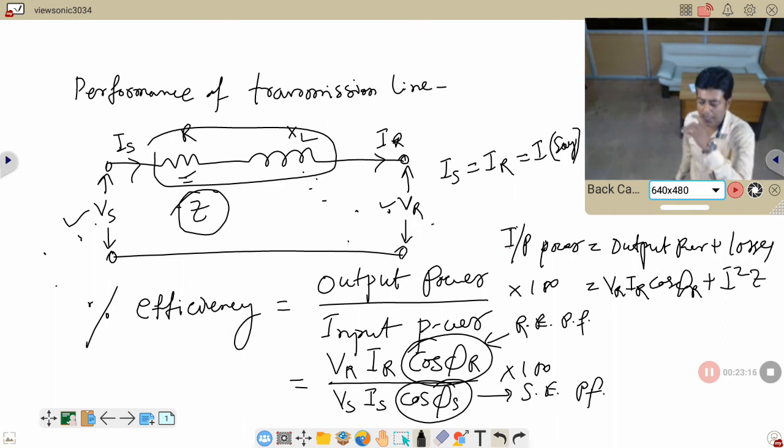Now one question can come to your mind. In our transmission system, all transmission lines are 3-phase, but here I have drawn a single resistance, single inductance. How do we do this?